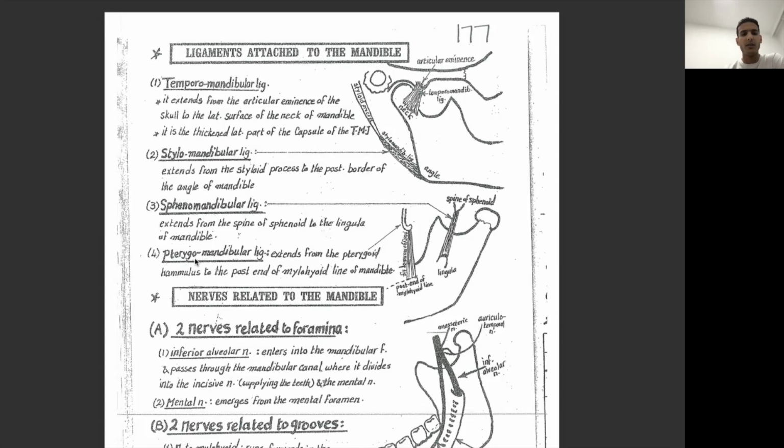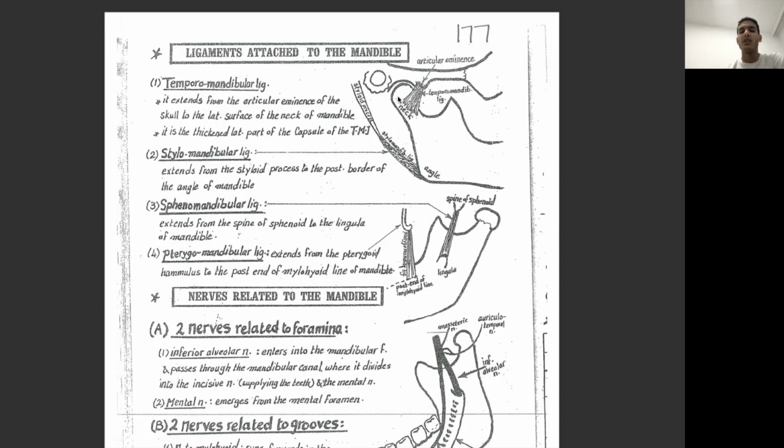Okay, and finally, the pterygomandibular ligament extends from the pterygoid hamulus to the posterior end of the mylohyoid line of the mandible. So these are basically the general ligaments that you have to know in relation to the stabilization of the temporomandibular joint. And just to let you know, the temporomandibular joint is between the articular fossa of the temporal bone and the condylar process of the mandible, and between those two there's an articular disc, and this joint is covered by an articular capsule.